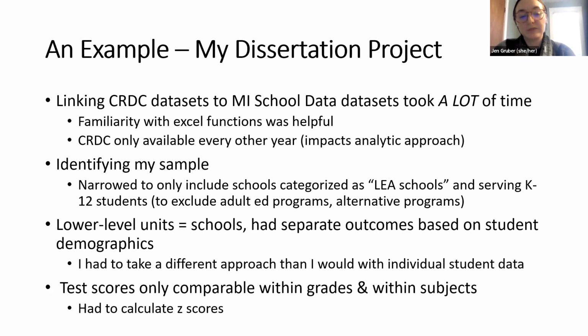Technically, because I'm doing multi-level modeling, my lower level unit is time, but my unit of observation is at the school level for most of my variables. That can make things complicated because instead of having individuals and all of their demographic characteristics, I have a school and then a different outcome for every single group of students I'm interested in looking at.